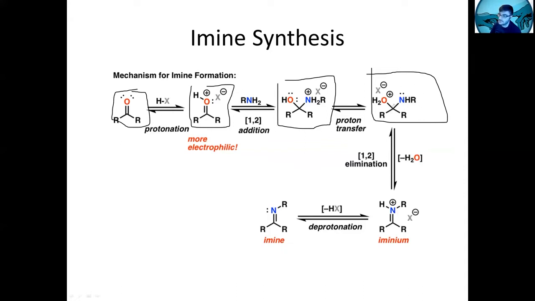What can happen is the water can act as a leaving group and just be kicked off. It'll go into this iminium intermediate. Once the water kicks off, then you form the double bond with the N, and then simply the H gets kicked off, and you're left with this imine. And then again, remember imine, and then it can also go into an enamine, right? It's the same thing, enamine.